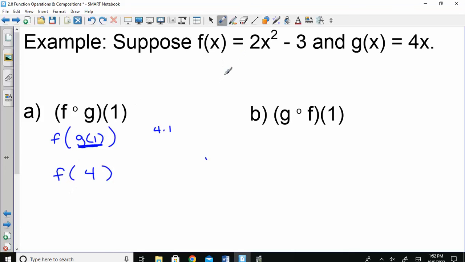So now I have to do f of 4, so I go to f and plug in a 4. So a composition is just a way of telling you to do a series of calculations. You start on the inside and you work your way out. So I get 16 times 2 is 32, minus 3, I get 29.